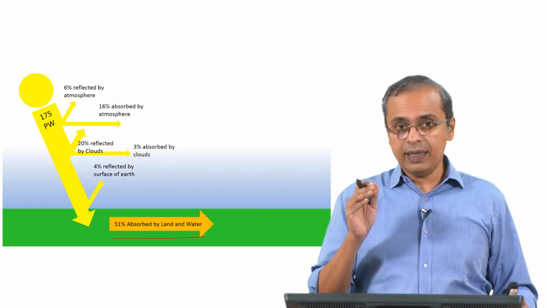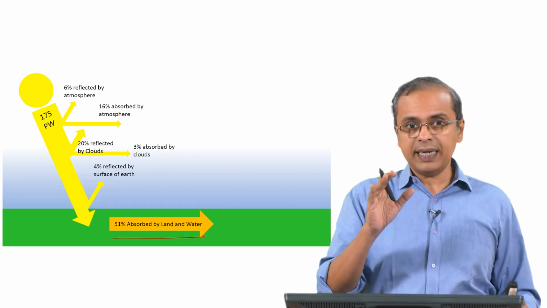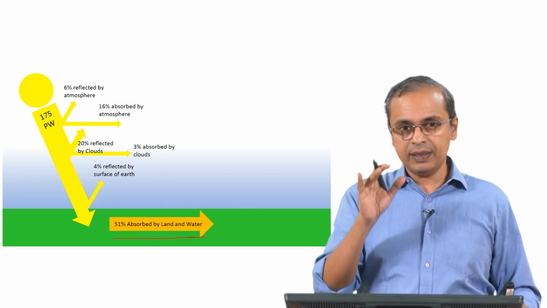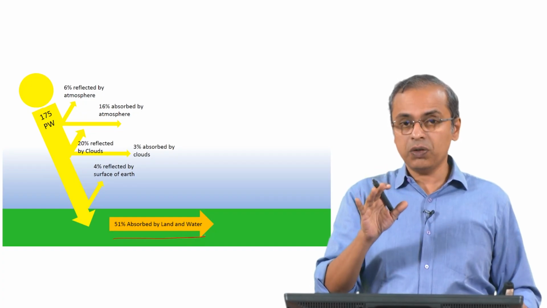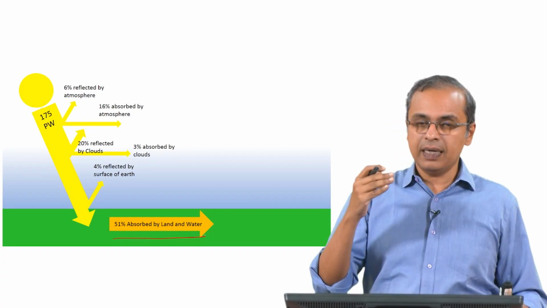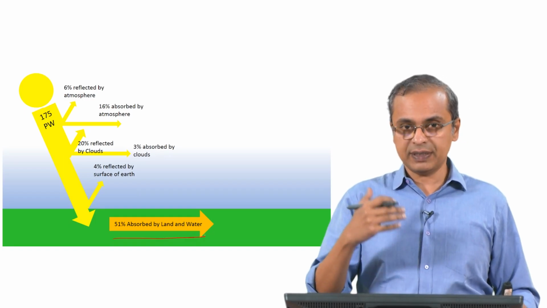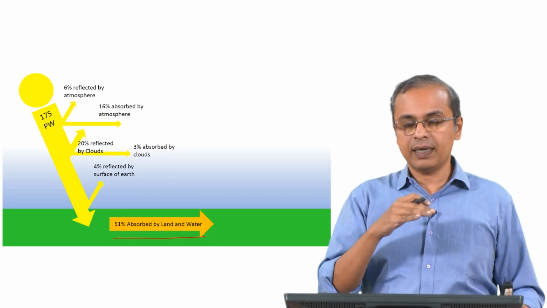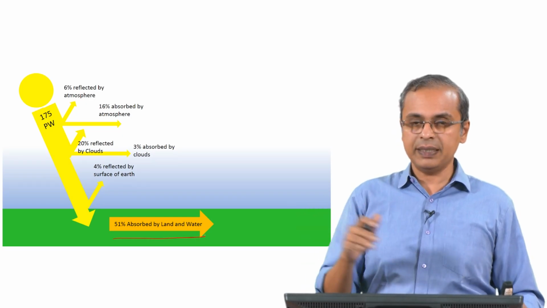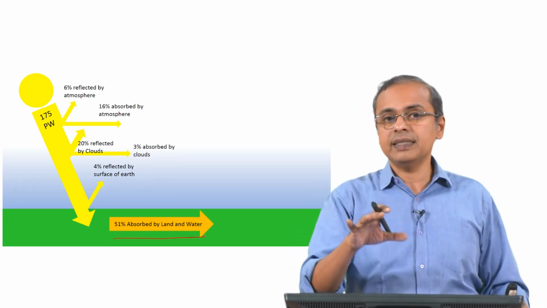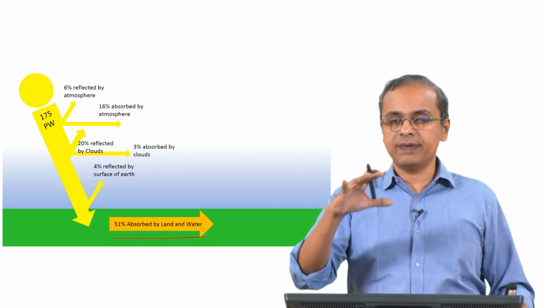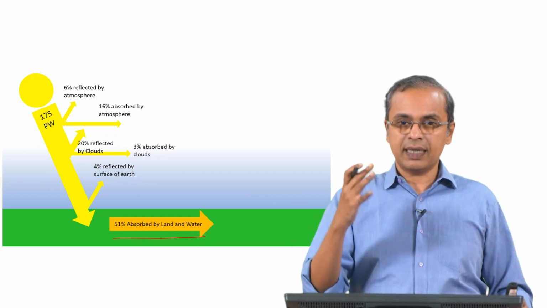So every day, of the sunlight that comes from the sun to the earth, little over 50%, 51% of it, arrives at the surface of the planet, which is the surface that we are standing on at ground level or mean sea level, and that energy is absorbed by the land as well as the water as the sunlight falls on it.